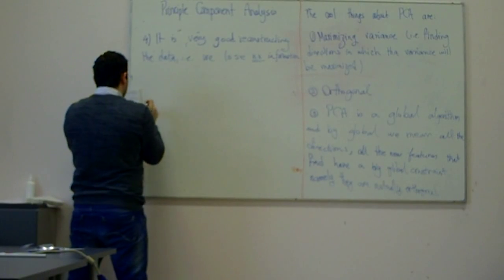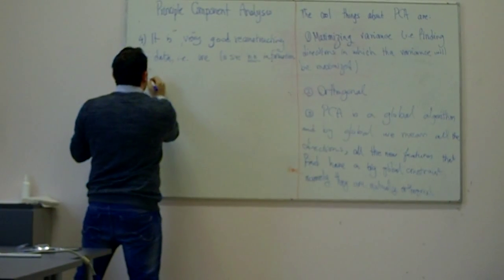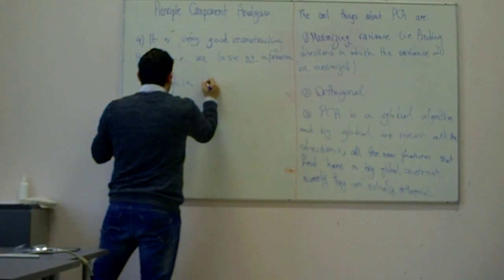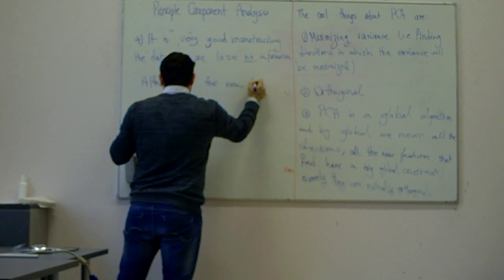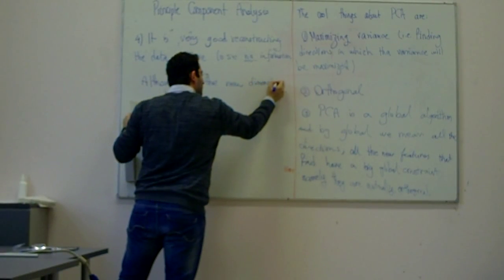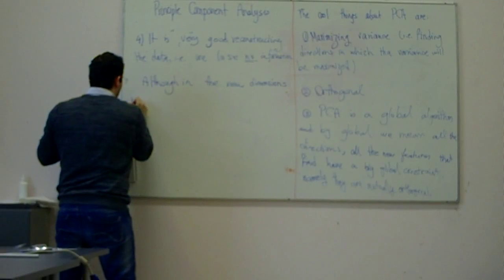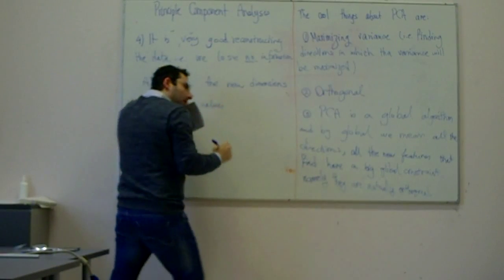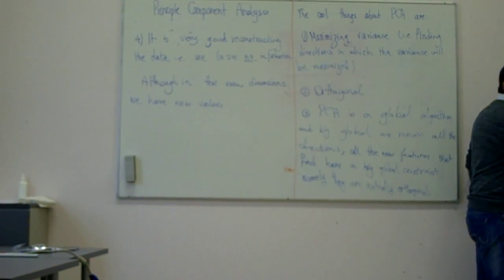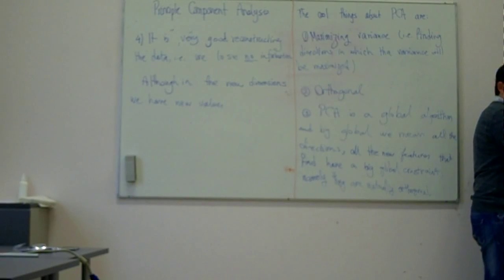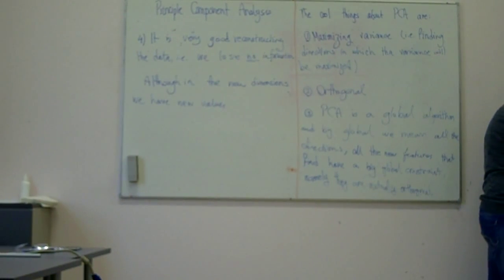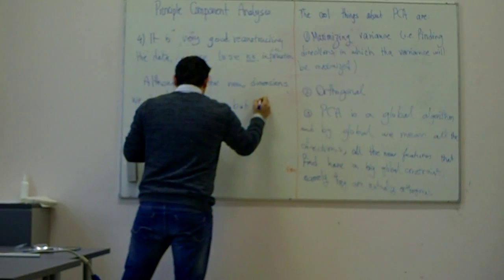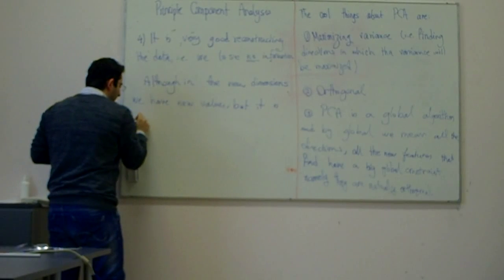So although in the new dimensions we have new values, if previously this point was 5 and 6, we know that in the new coordinate it might be a different number. But it is the same point.